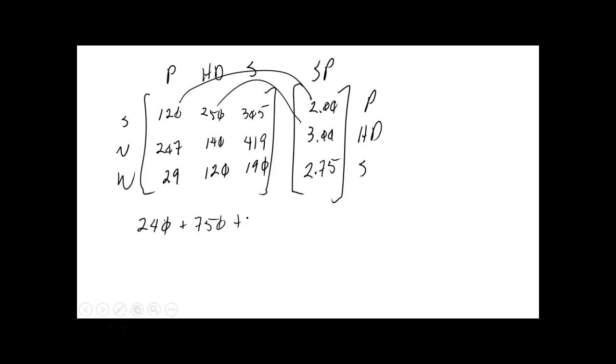And from selling the sodas, I'm going to need a calculator on that one. 305 times 2.75. Come on, somebody. 610 on the nose? I think that might be a little low.